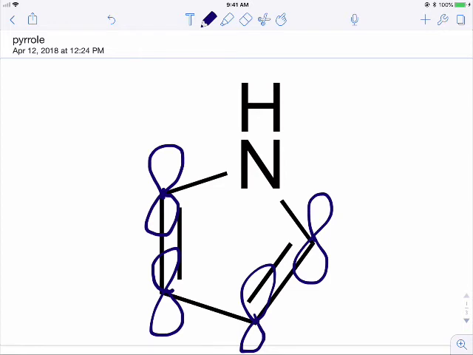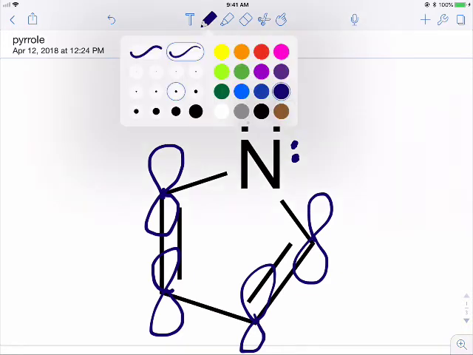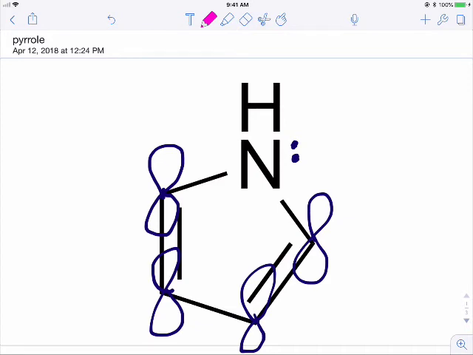Let's look at nitrogen. Remember that nitrogen with 3 bonds should have a lone pair on it. So there's our lone pair. And again, based on what we know from VSEPR theory and hybridization theory, that nitrogen should be sp3 hybridized. However, if that nitrogen were sp3 hybridized, this molecule would not be aromatic. It would not have that complete cyclic system that we need. So notice what nitrogen can do though. Just like with oxygen, nitrogen can rehybridize to be sp2.